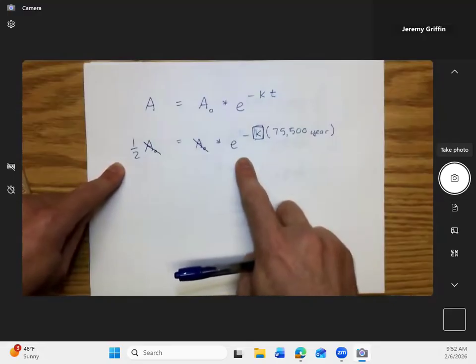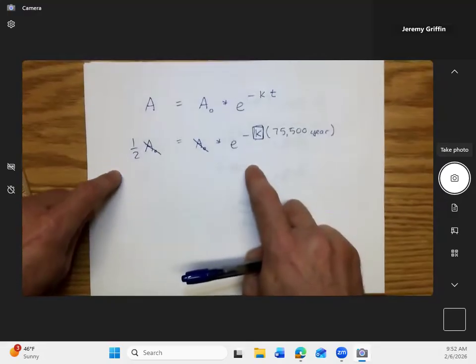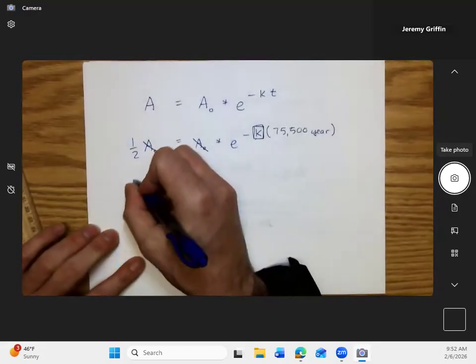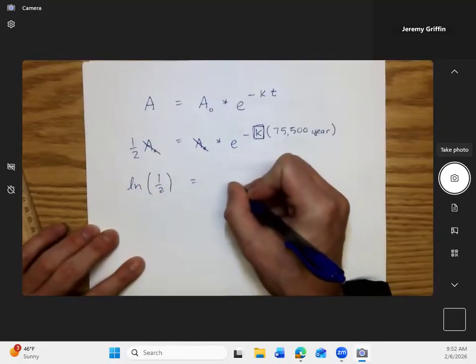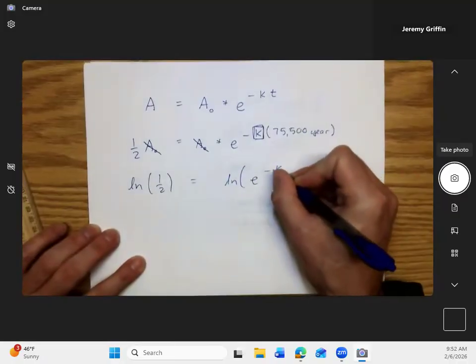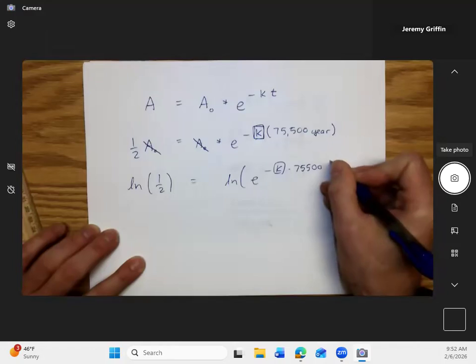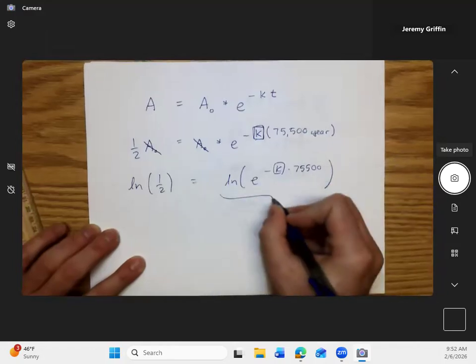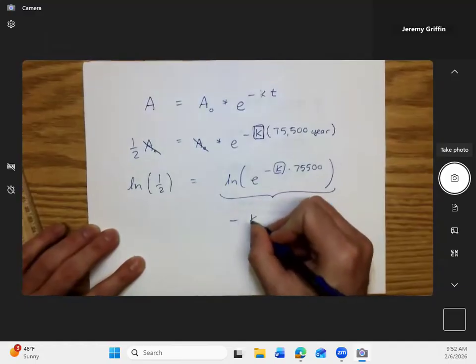We see a base of e, when you're solving for the exponent, you've got to apply a what? Natural logarithm. So take the natural log of both sides. Natural log of the left side is equal to natural log of the right side. And all this on the right side simplifies to this.